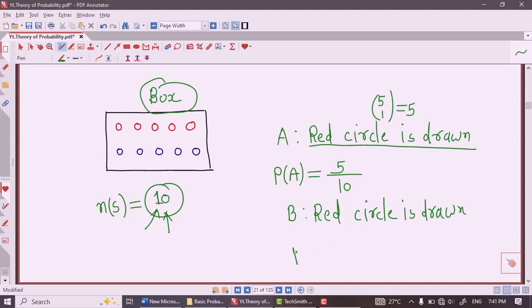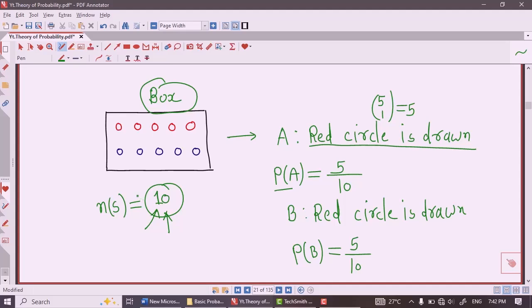Then here also the probability of B will be 5 by 10. We are performing two experiments. The first experiment is selecting one circle out of these 10 circles, and we define event A as the selected circle being red, so the probability of A is 5 by 10. After this experiment, we put the selected circle back in the box, so the number of circles remains as it is.